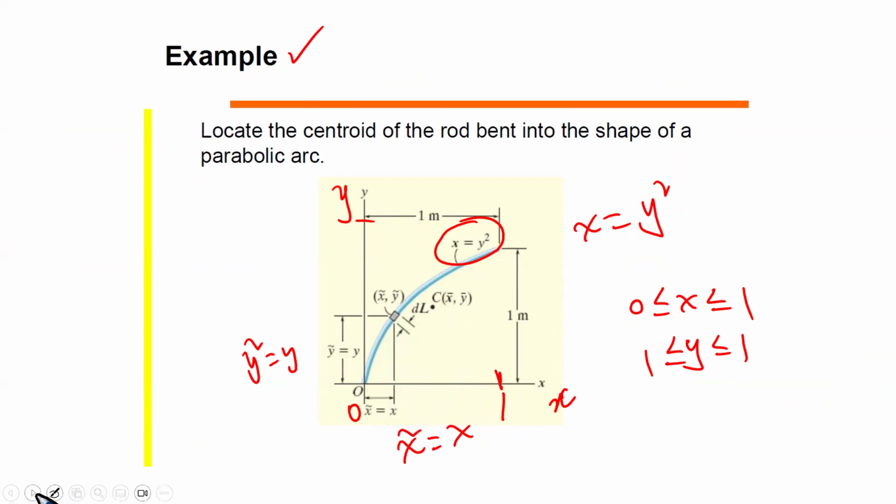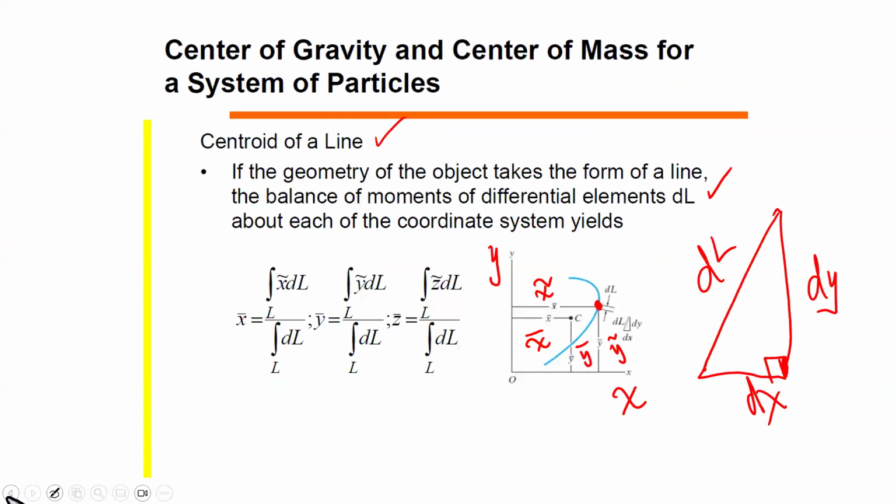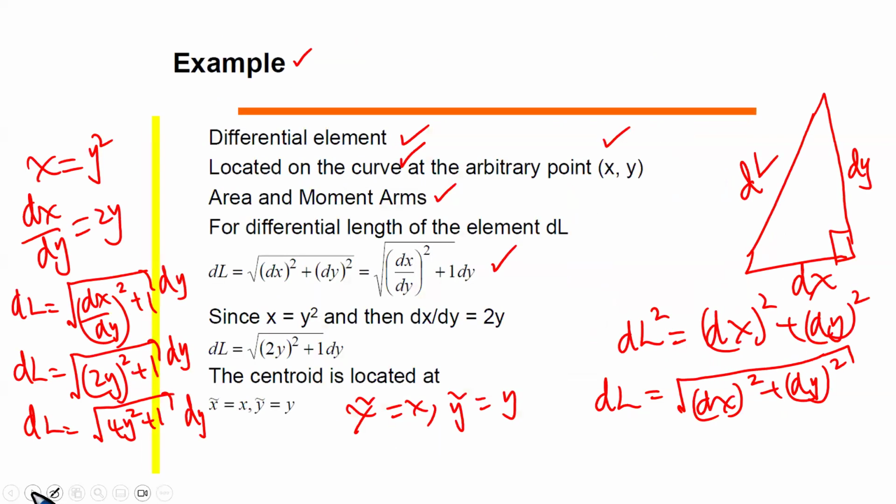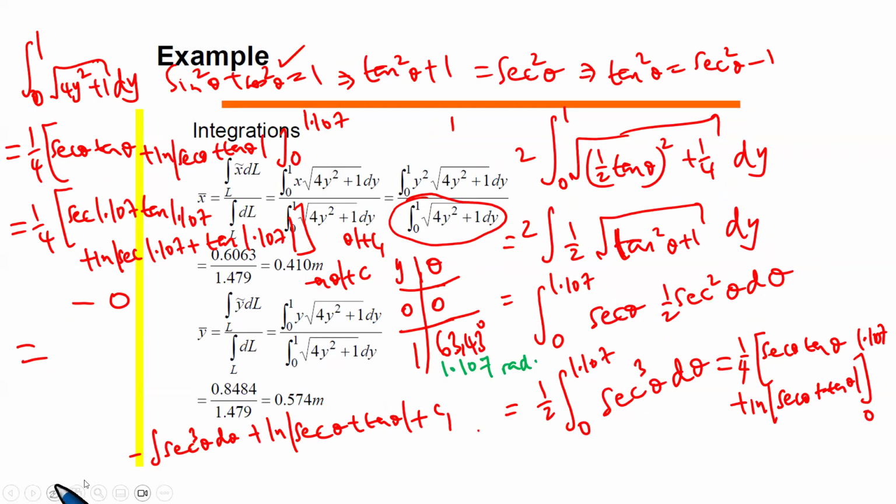We have learned that this is the wire rod kind of analysis, because the center of a line is studied using this dl, because it's a line dl. And now the example of this rod is like a thick wire kind of situation. So we had to spend a bit more time on that.